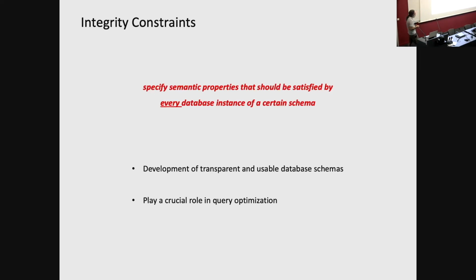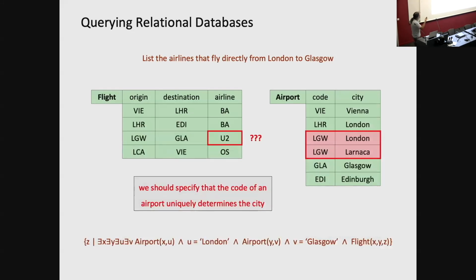Even if we pose the restriction that the code attribute uniquely determines the city, nobody guarantees that our database will always be consistent. We don't want to scrub our data, because this is the last thing we want to do. But then we can't just evaluate the query as I just did and say U2 is an answer. There we need more refined ways, and this is what we are going to hear on Wednesday from Jeff.